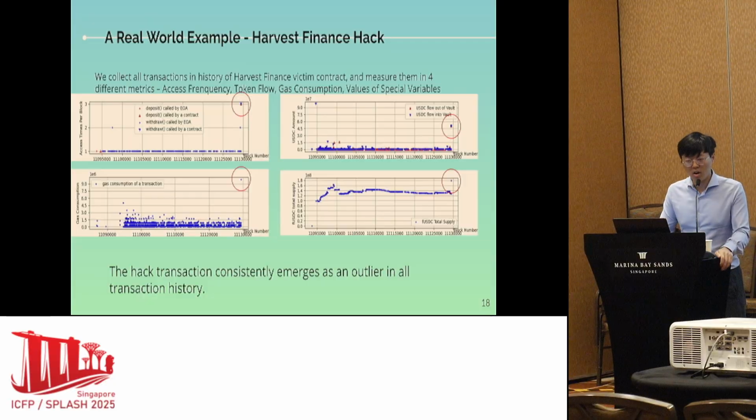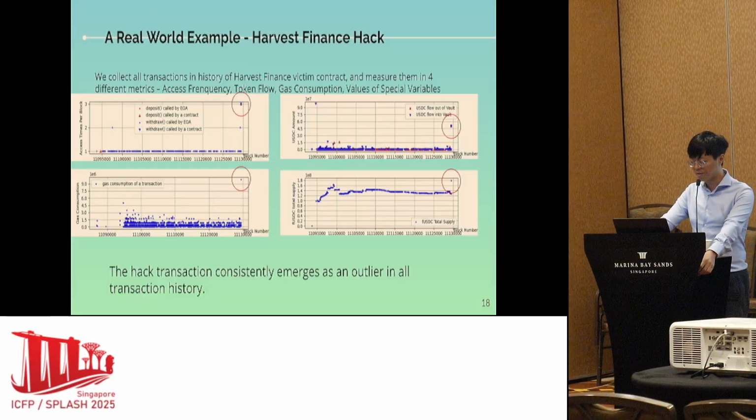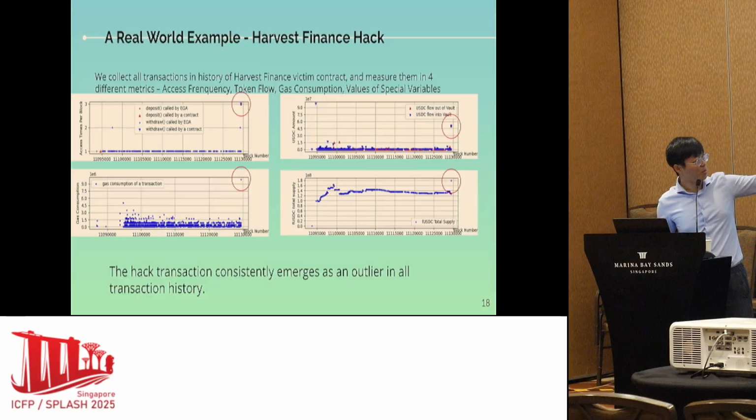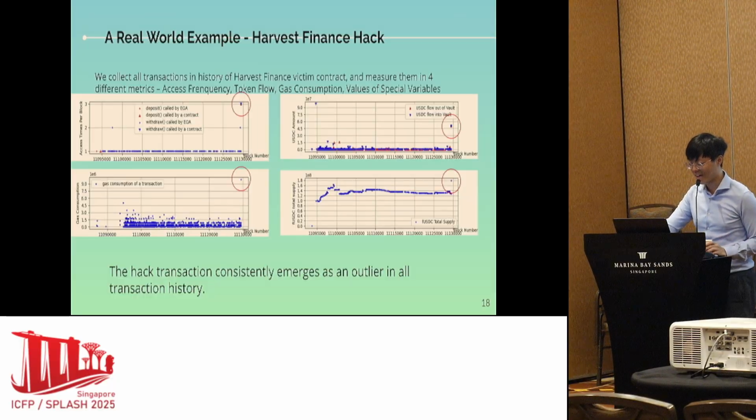We collected all the transaction history data from the Harvest smart contract and measured them in terms of the access frequency, the token flow, gas consumption, and values of special parameters. We find the last data point, which represents the hack transaction, consistently stands out as an outlier in the entire transaction history, highlighting the significant difference between a malicious transaction and a benign one.